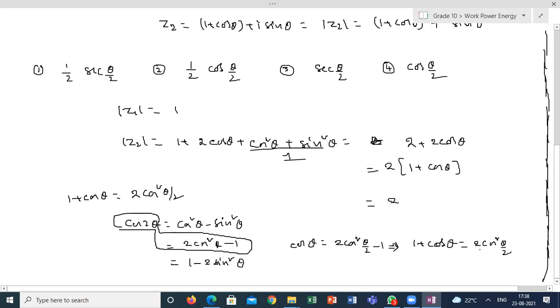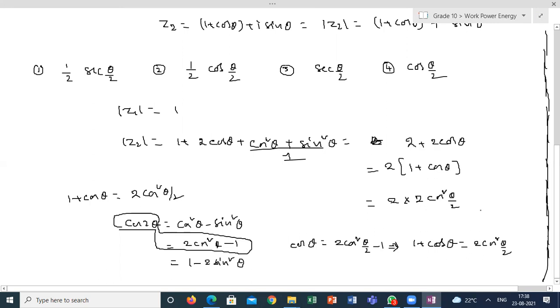So what will I get here? 2 into 2 cos square theta by 2. Then how is it related to my options? The options are pretty different.